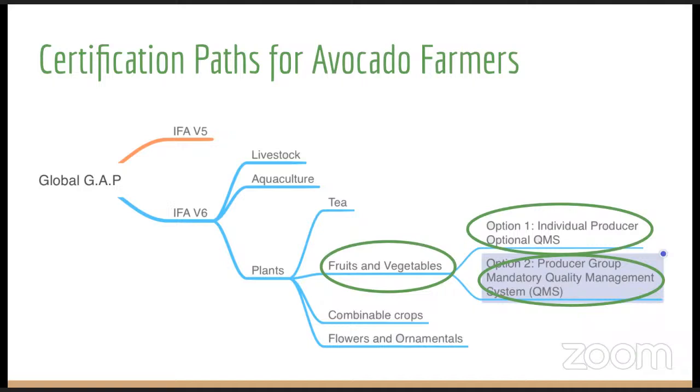And that's how essentially they'll get exported. So there are advantages and disadvantages to these two options, and as we go, I'll talk about that a little bit more, cost being one of them, especially for smaller players. Option one is what most of the large producers and big commercial farmers would use, but it's a lot more expensive than option two, where you go in as a group.